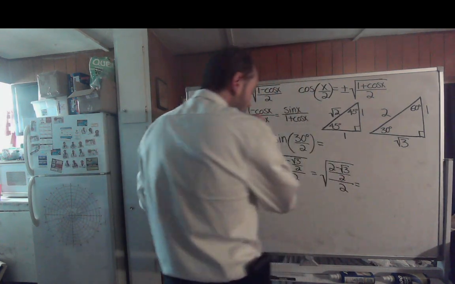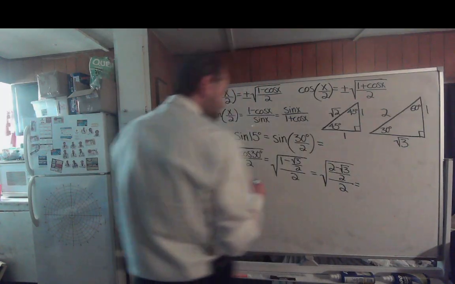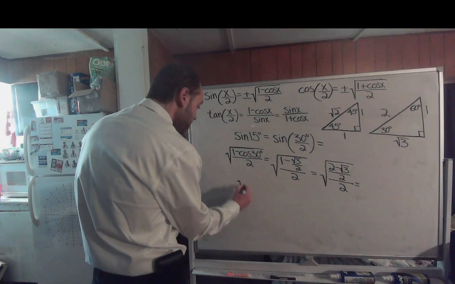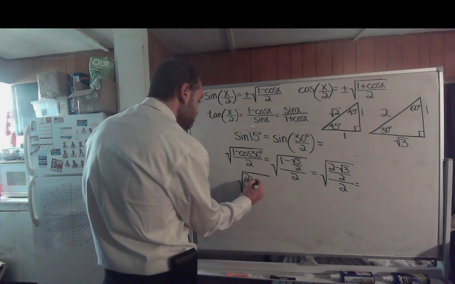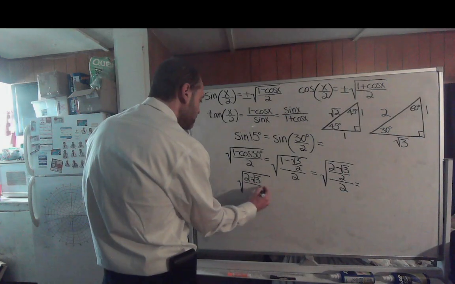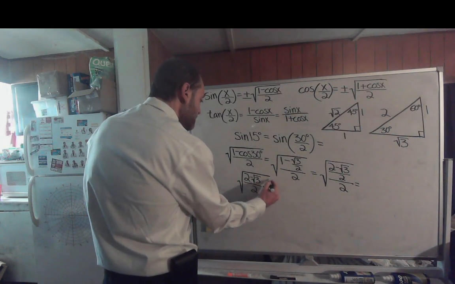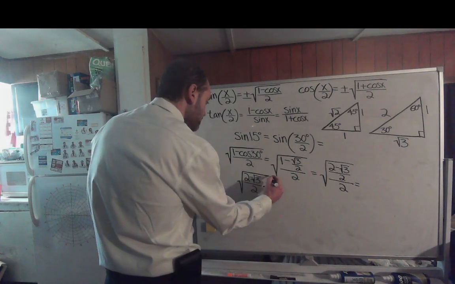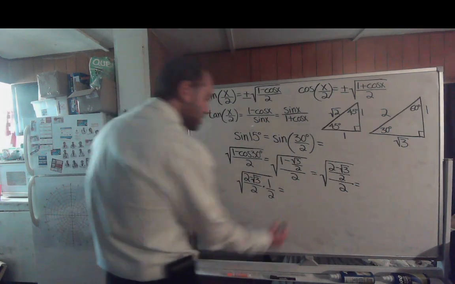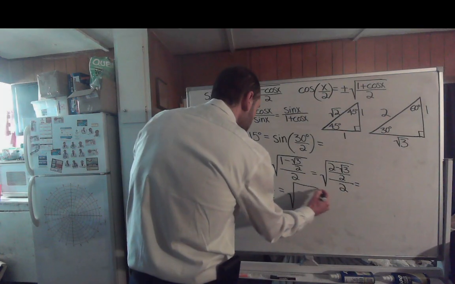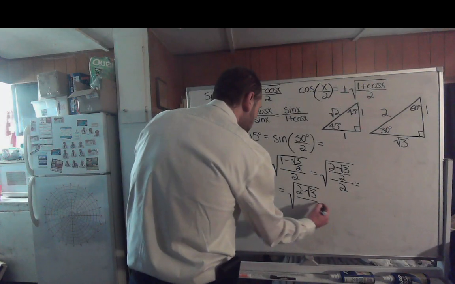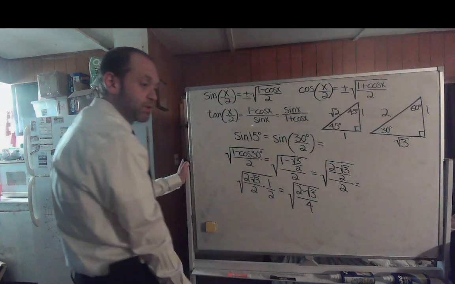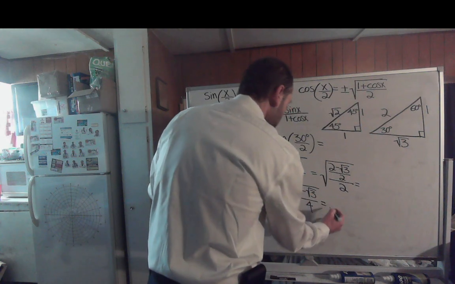Well, this gets interesting now because you're going to end up having a complex fraction. So 2 minus the square root of 3 all over 2 times 1 over 2. That's going to end up turning into the square root of 2 minus the square root of 3 all over 4. Well, at least the square root of 4 turns out to be 2, right?